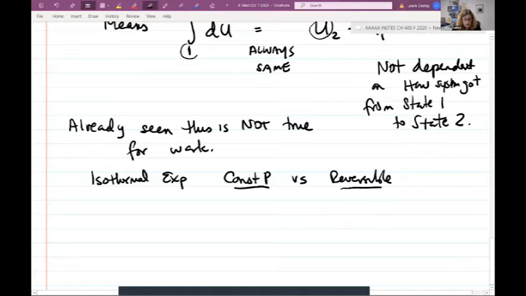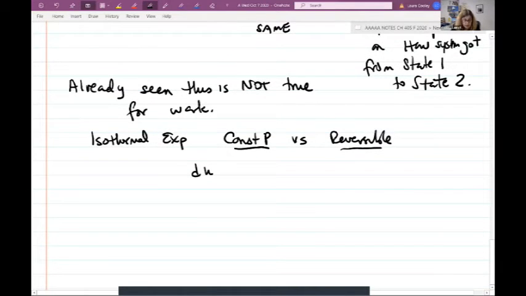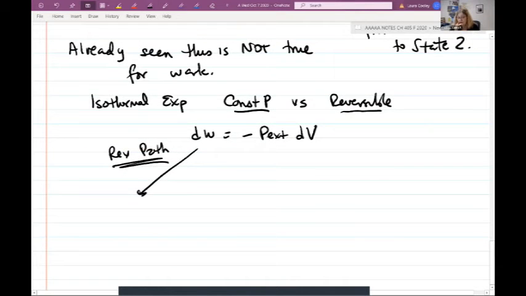Okay, so we started with dW is minus P external dV, and you know, we took a reversible path. Well, I assigned it. I didn't actually do that calculation with you. But if you took the reversible path, you would say that the external pressure is the same as the gas pressure. Remember, it's the same at every point in the expansion. And we would then just call it P.